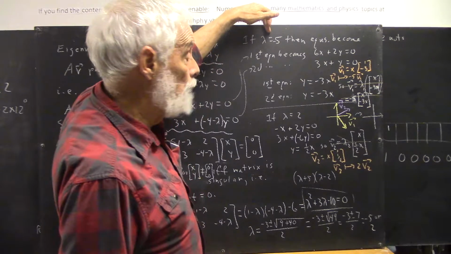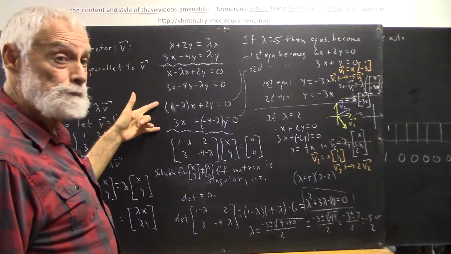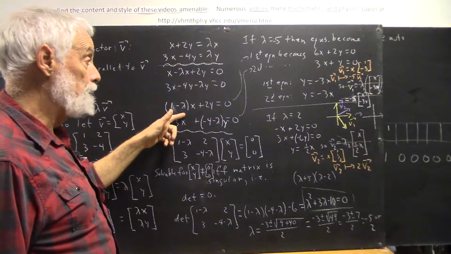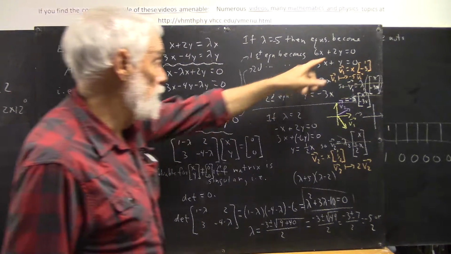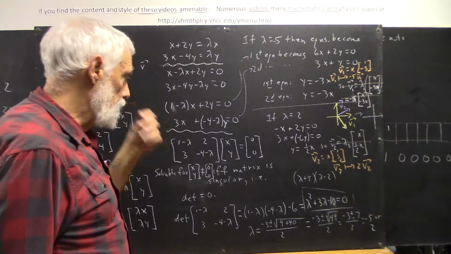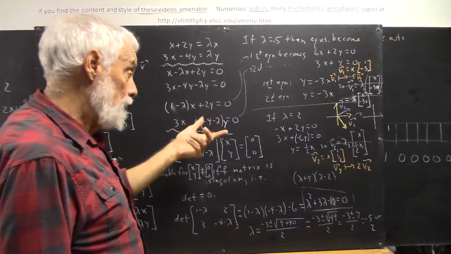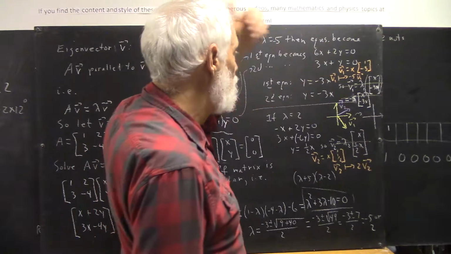If lambda is -5, we can go back to these simultaneous equations here, and you can verify if lambda is -5, well, 1 minus -5 is 6. So we have 6x, and still have 2y. If lambda is -5, -4 minus -5 is -4 plus 5, that's 1. We have 3x plus y equals 0, there it is.